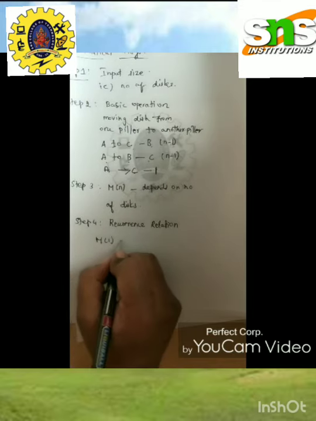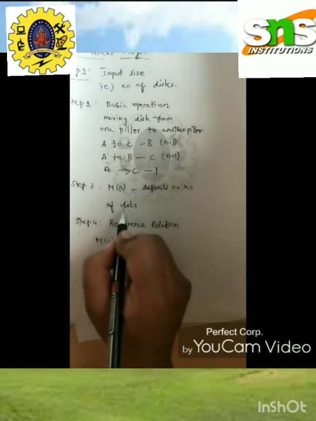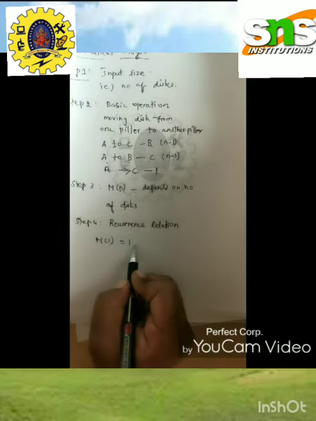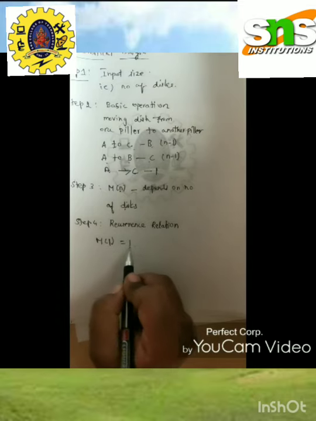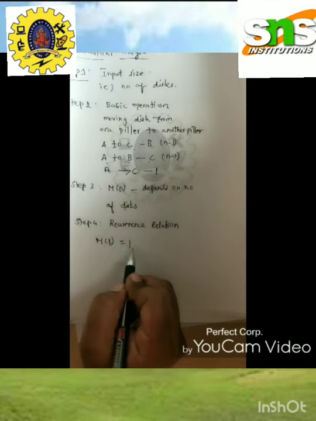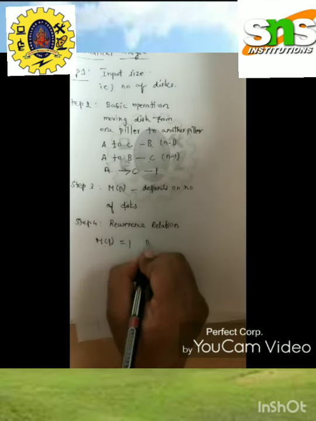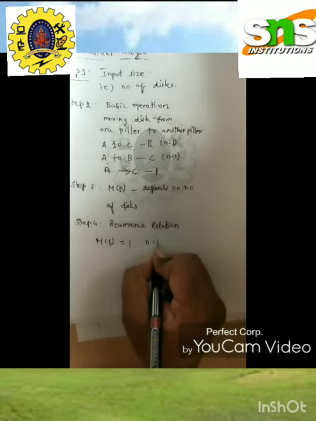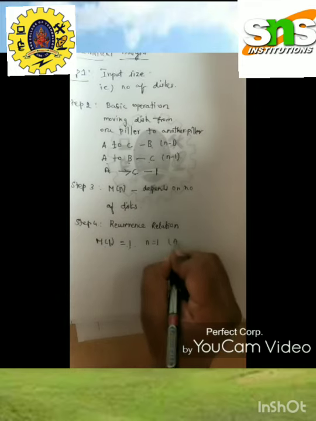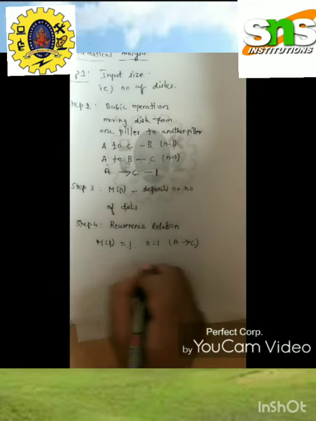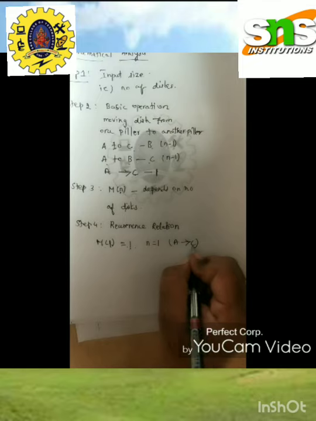M of 1 equals 1. Here n is the number of disks. M of 1 equal to 1 means only one disk, only one single move from A to C.